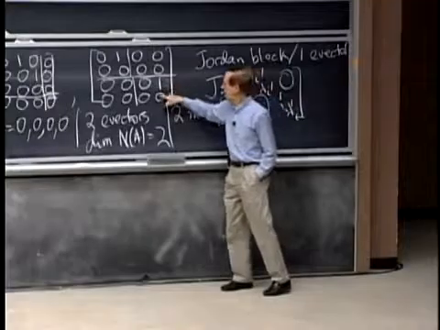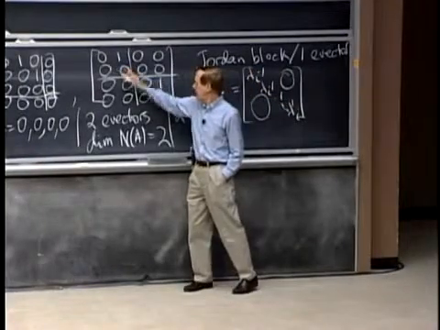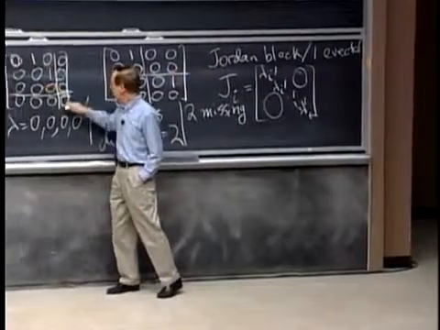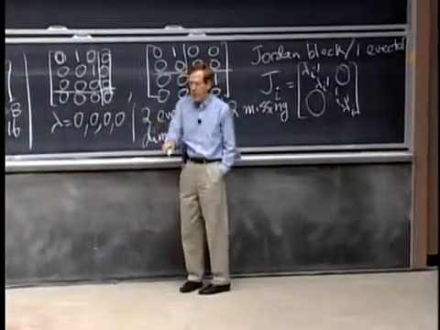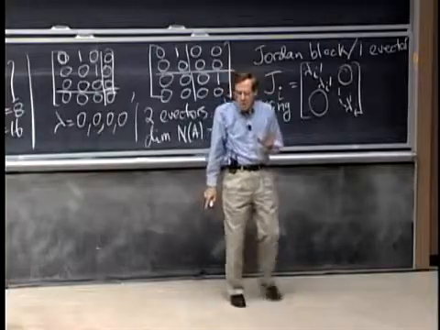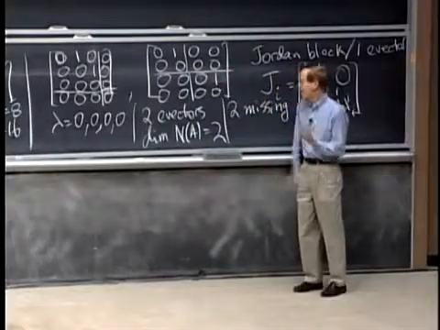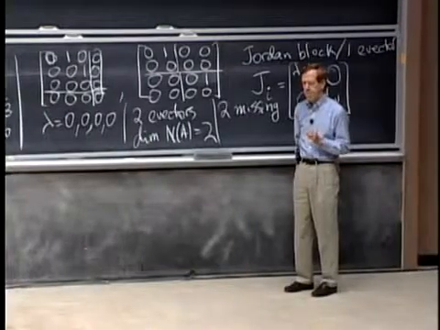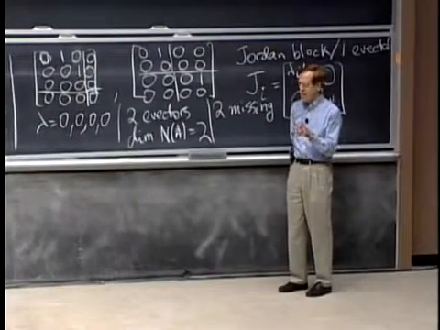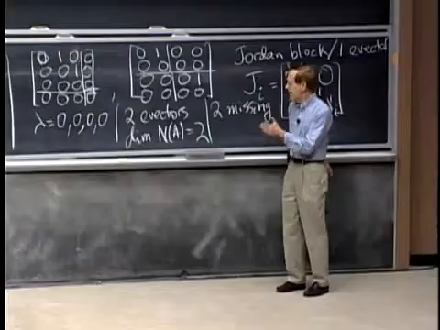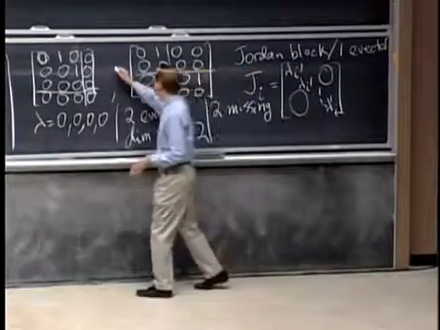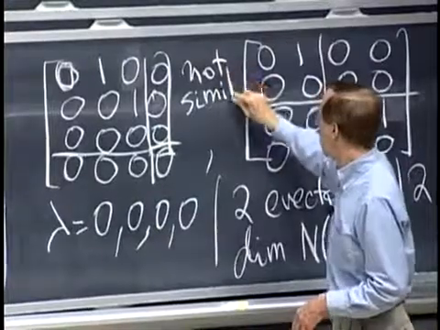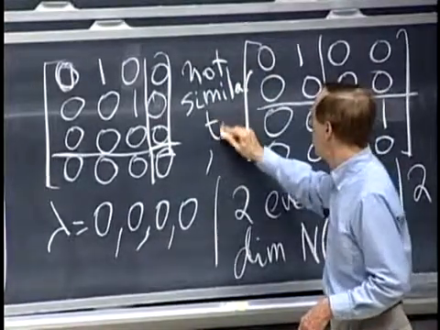This block has one eigenvector, that block has one, and we get 2. But the blocks are different sizes, and Jordan worked out that this is not similar to this one.